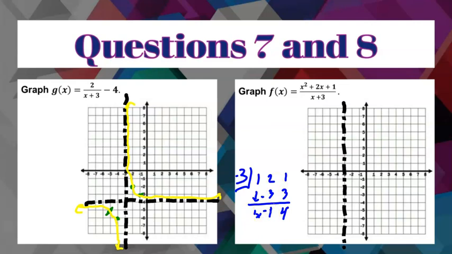So my horizontal asymptote is actually going to be crossing the y-axis at -1, and it's got a positive slope, so up 1 over 1.